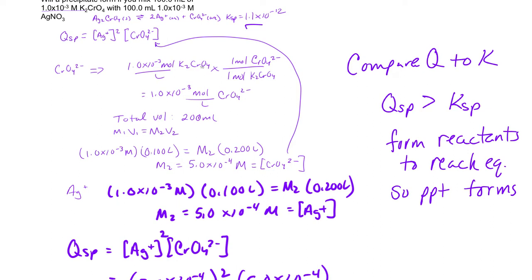In forming reactants in this type of problem, the reactants are all solids, right? In forming that reactant, a precipitate will form. We form a solid. Make sense? Questions?